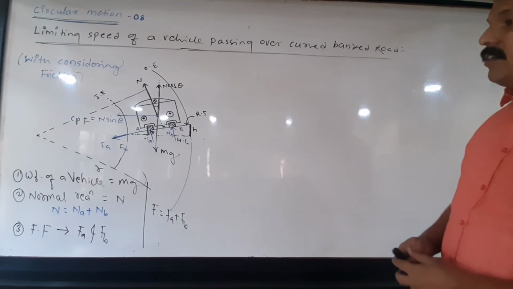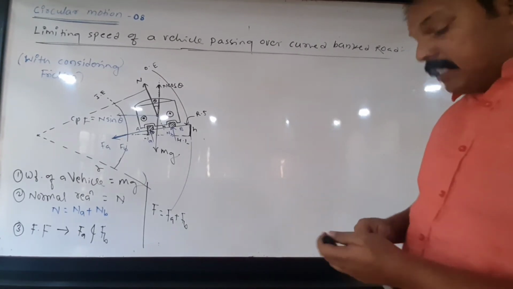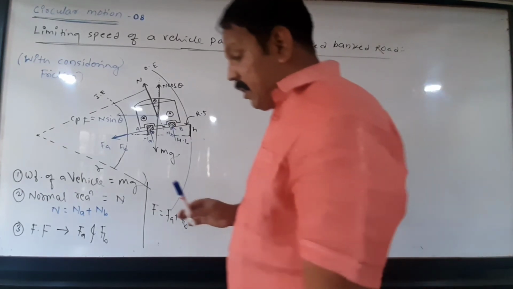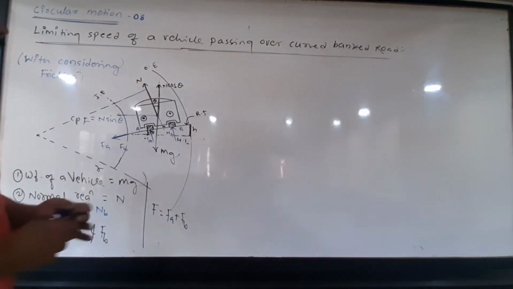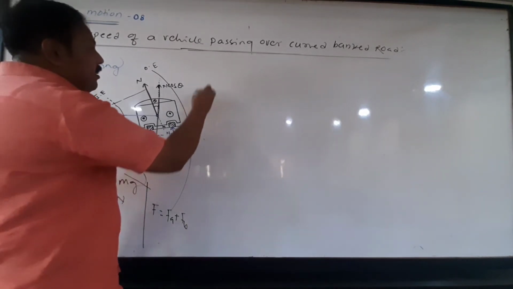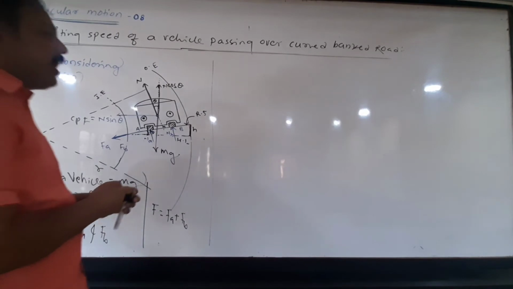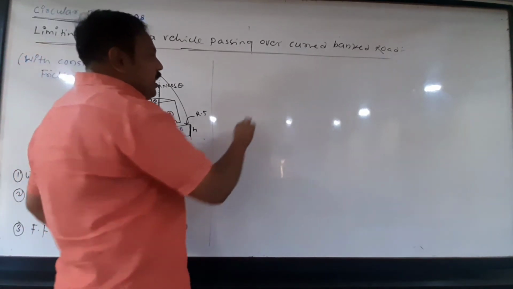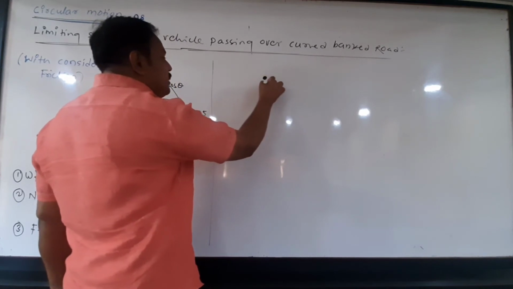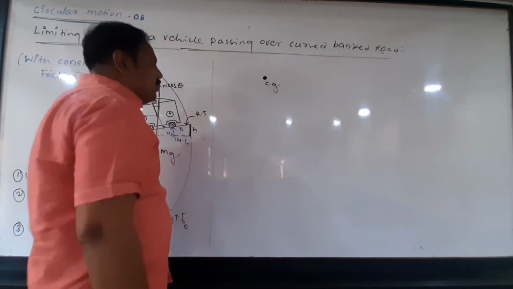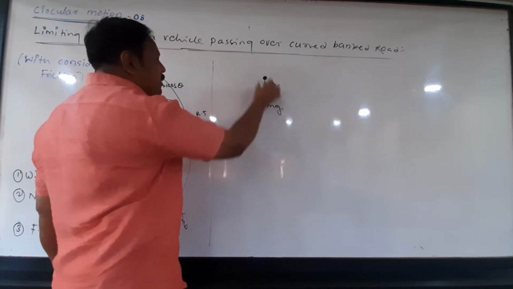Look at this. How many forces are acting there? Have you got it? Now if we draw the free body diagram, FBD, this is the center of gravity of the vehicle. First is the weight, mg, acting in the downward direction.